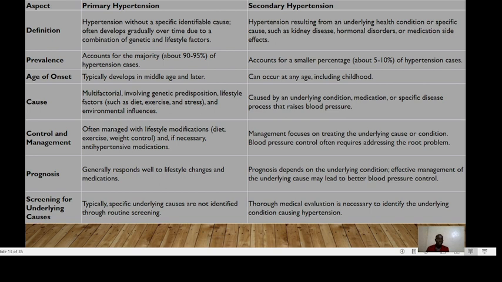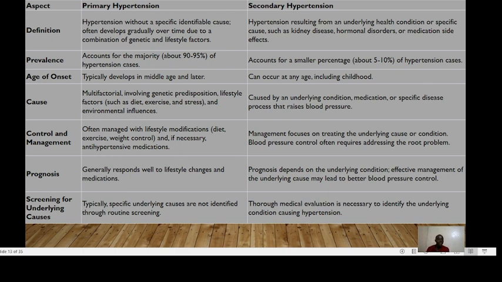In terms of prevalence, primary hypertension accounts for the majority, about 90 to 95% of hypertension cases. This is different from secondary hypertension, which only accounts for a small percentage, about 5 to 10% of cases. In terms of age of onset, primary hypertension develops in middle age and later, while secondary hypertension can occur at any time, including childhood.